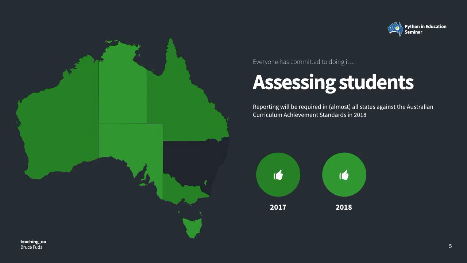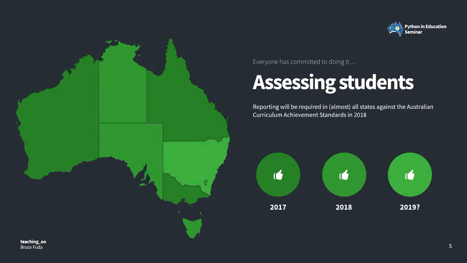Last year I gave a presentation and used a similar map like this to highlight that big gap in the middle. We're pretty confident that by 2019 New South Wales will be reporting on this too. So it is something that we're going to see every student in the country exposed to, and there are going to be challenges, particularly in the higher year levels, to introduce students to these concepts and ideas because they won't have the 11 or 10 years of prior experience when they do that.